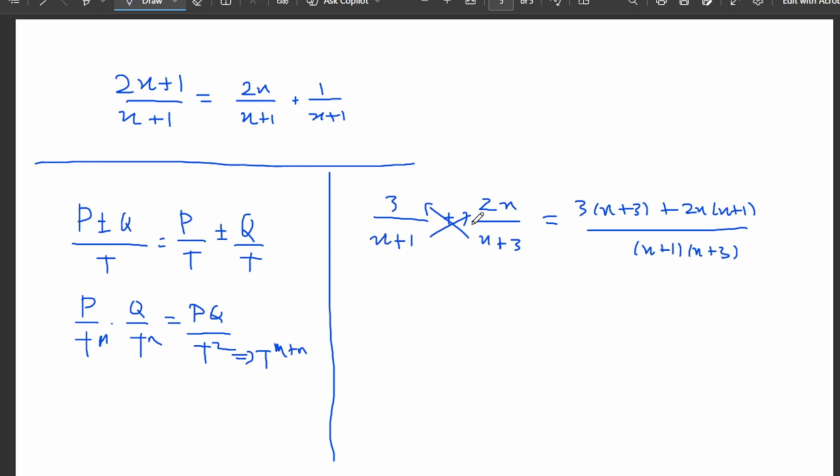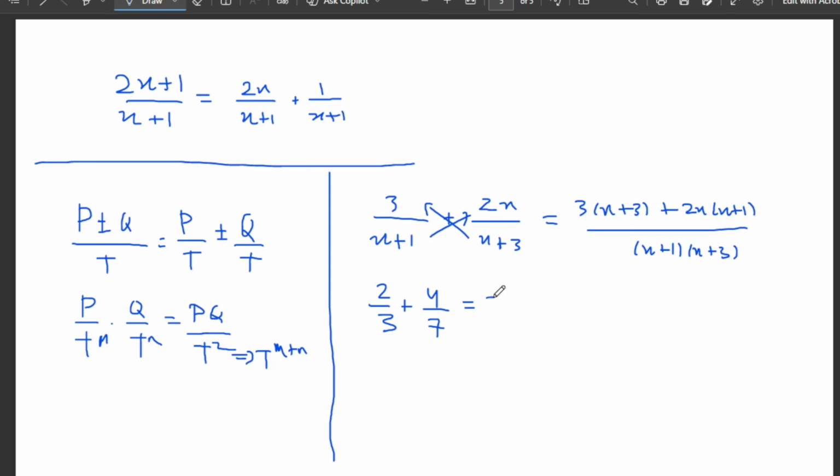This looks familiar, right? If we have a fraction 2 over 3 plus 4 over 7, then we will use the same technique. We find the lowest common multiple, and then we multiply each numerator by the lowest common multiple divided by its denominator.